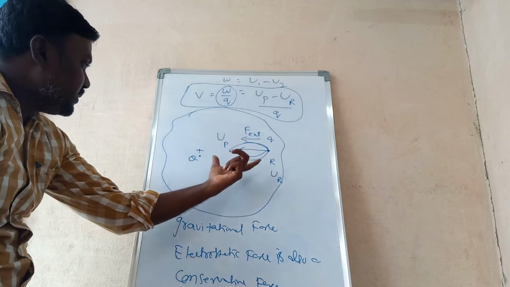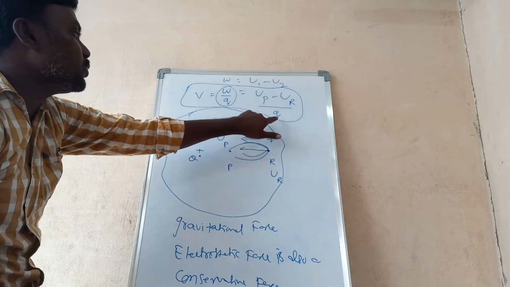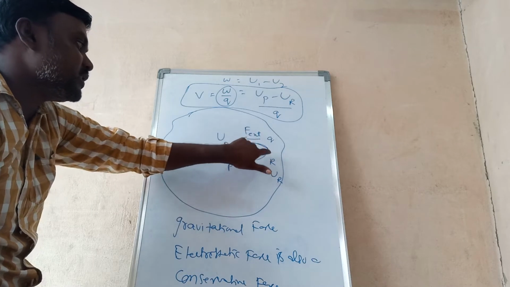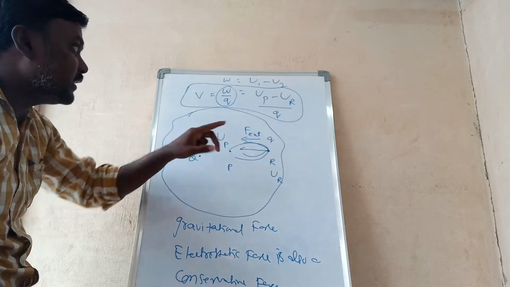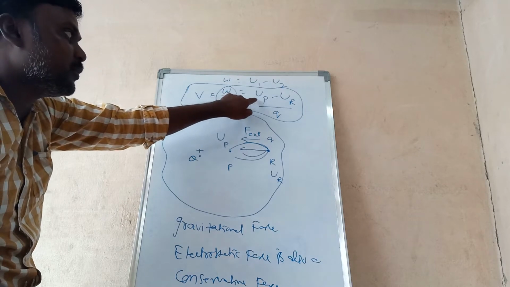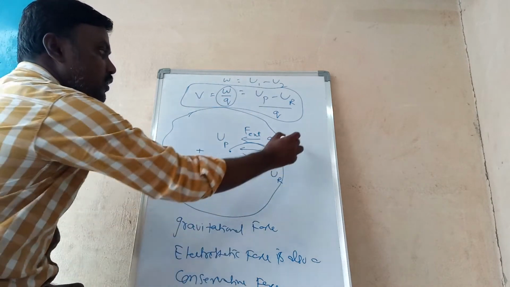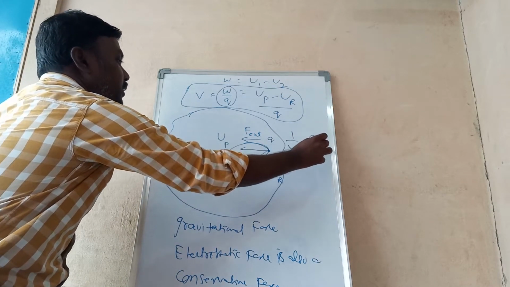The potential difference between these 2 points is V is equal to UP minus UR by Q. UP means potential energy at this point and UR means potential energy at this point, divided by Q. Already we calculated, we know the formula for potential energy between two charges, that is 1 by 4 pi epsilon naught Q1 Q2 by R12.